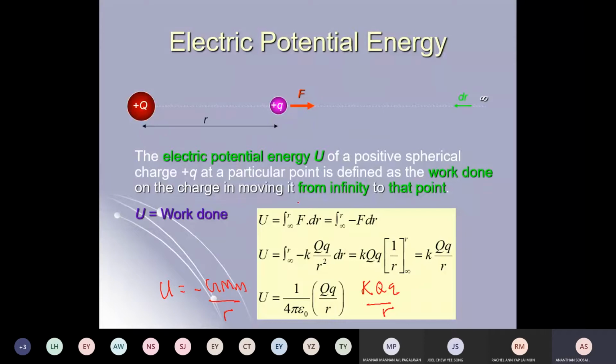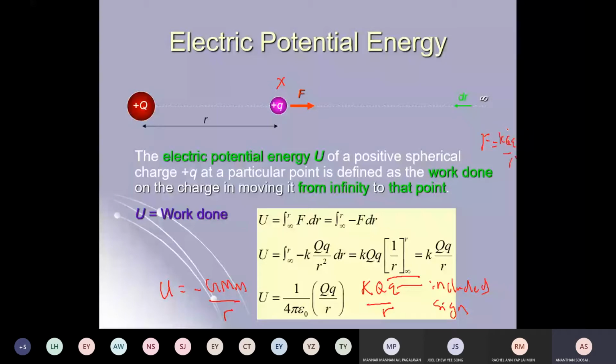So for a positive test charge, is the electric potential energy going to be a positive or a negative value? When we use electric potential energy, remember the sign of the charge needs to be included. Last time I told you for force, no need to include the charge sign: KQ1Q2 over R squared.